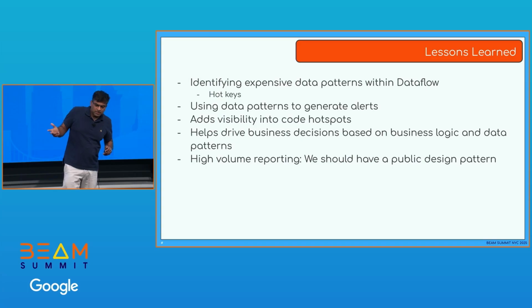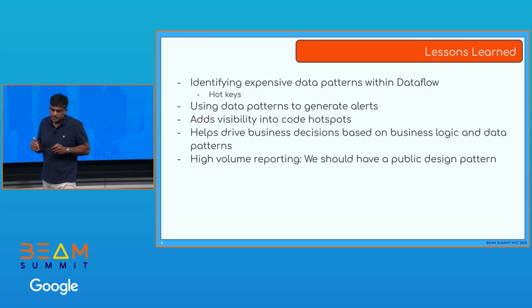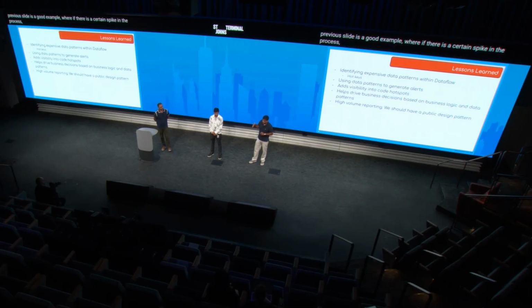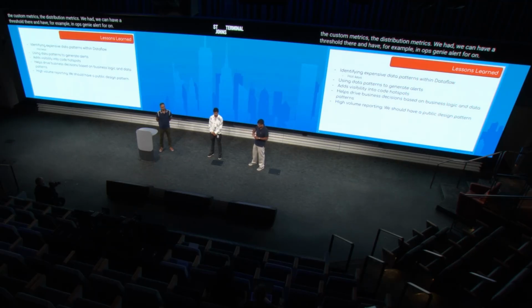The second lesson we would want to say here is the data patterns that we have to generate alerts. So Grafana, the dashboard I showed in the previous slide, is a good example where if there is a sudden spike in the processing time, which was published through the custom metrics, the distribution metrics we had, we can have a threshold there and have, for example, an opt-in alert for an on-call person to see, and then they can troubleshoot it and take care of some of the spikes in the processing time.